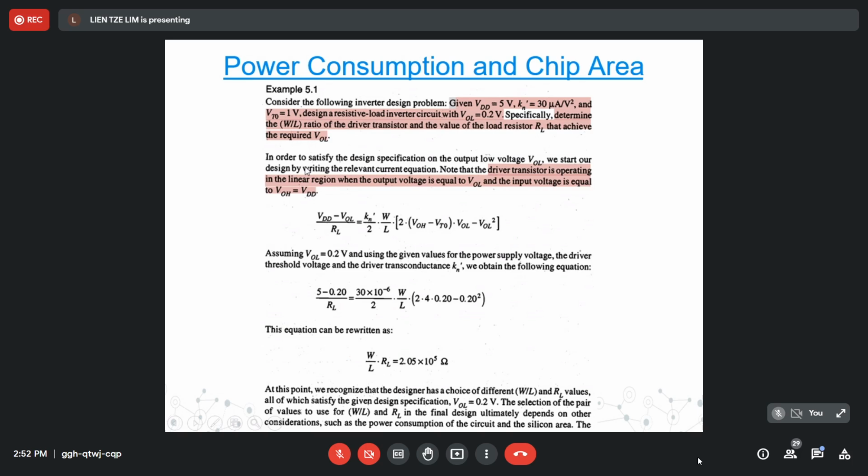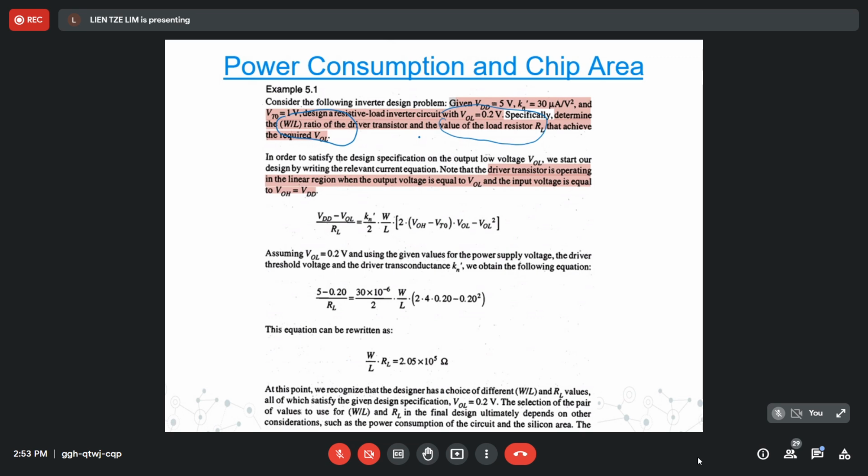How to determine the width over length ratio and the value of the resistive load RL? We have to use the formula that is used to calculate the VOL.